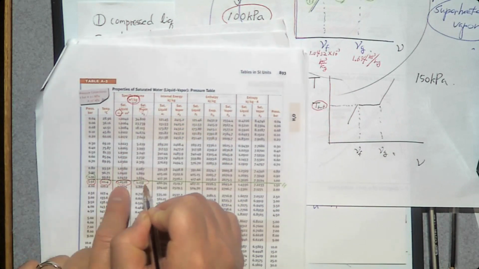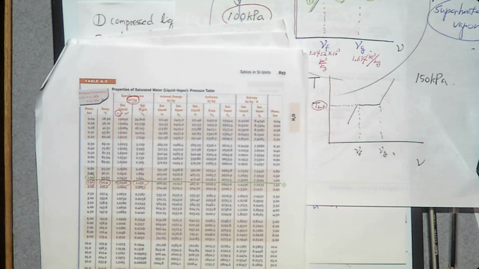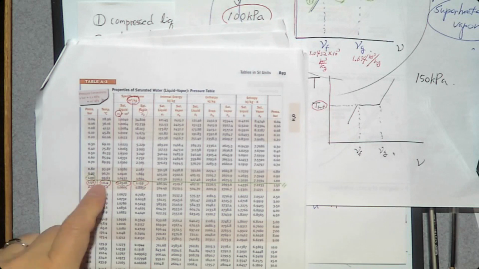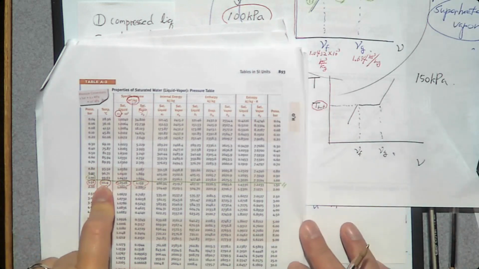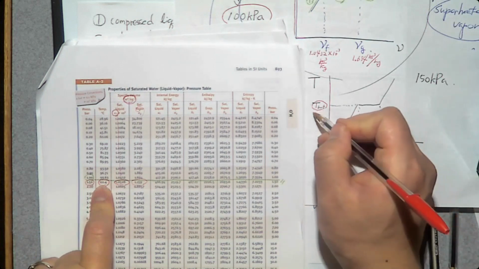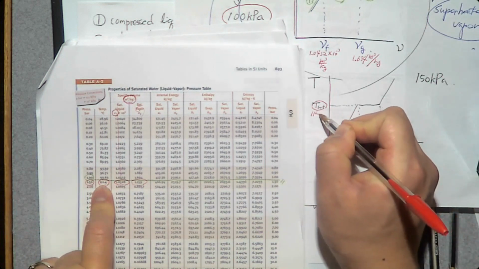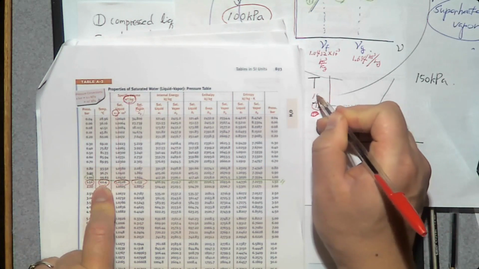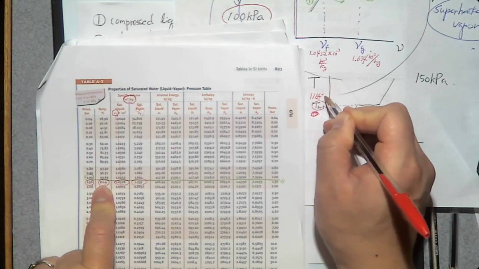So let me write these 3. By the way, be careful. This number is after multiplying Vf by 1,000. So Vf should be this one divided by 1,000. So let me write these values. First, T sat is 111.4 degrees Celsius.